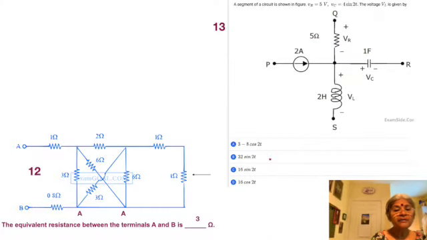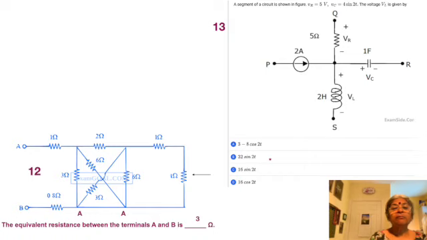Now we are ready to start from the other end. 1 and 1 ohms together makes 2, in parallel with the 2 that has been recently constructed is 1 ohm. 1 plus 2 gives you 3 ohms, and this 3 ohms is now in parallel with the originally constructed 2 ohms. That is 6 by 5, 1.2 ohms. So 1.2 ohms added to 0.8 and 1 ohms gives rise to 3 ohms as the effective resistance when looked at from the AB terminals. So that's easy.